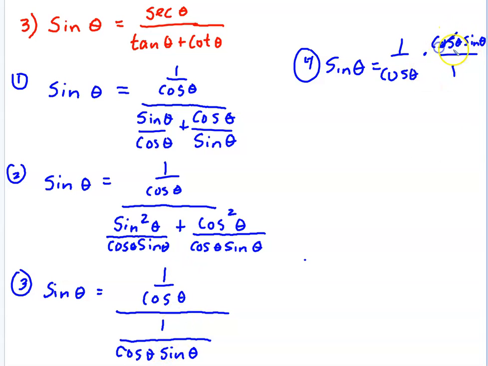And now you can see how these cosines are going to cancel. And so we've proven that this is an identity because we've made the right side agree with the left. I'll put question marks here because this is our proof to get to our final answer. Okay, so that's your final answer for number 3.